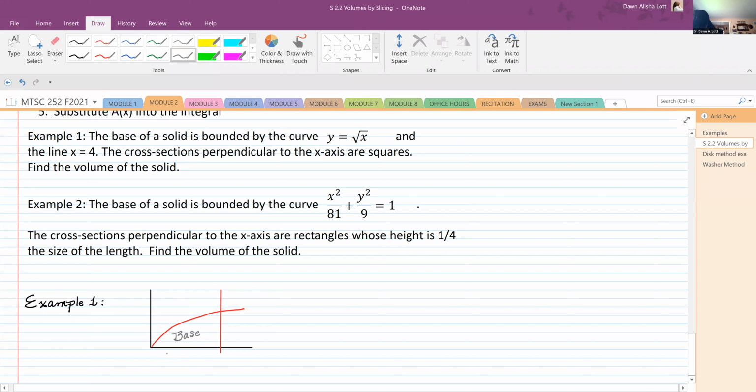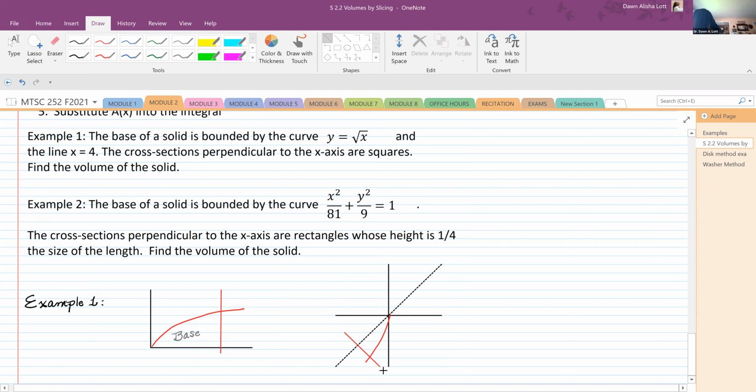Okay, so now if I were to draw this thing in 3 space for a moment, I would have on the XY plane the line y is equal to the square root of x. So that's it on the XY plane. And then the line x equals 4 looks like that.